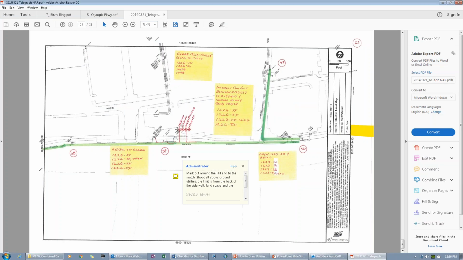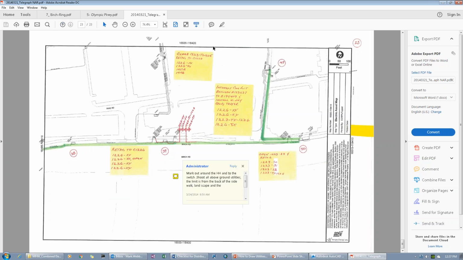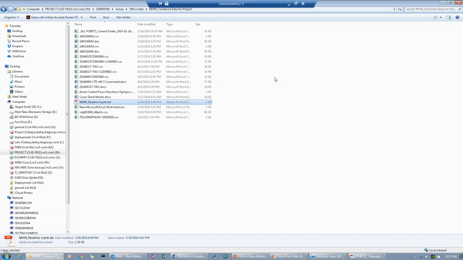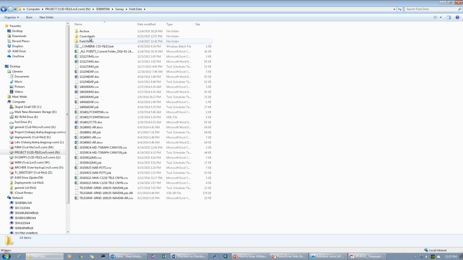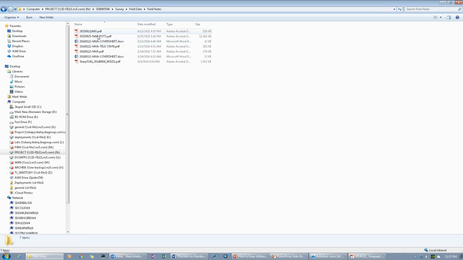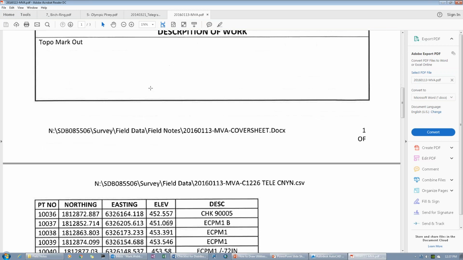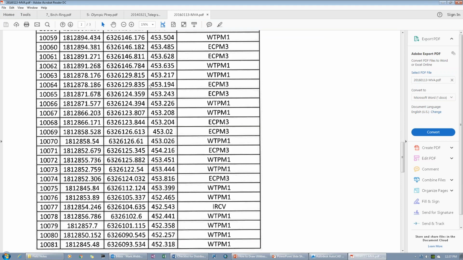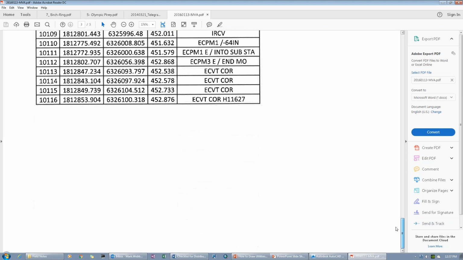Okay? So this is the same one, I think. But they added some notes to it. So again, you have to look in different areas to find the actual field notes. But here, they're pretty good about putting them in. They actually give you a point listing. Okay?